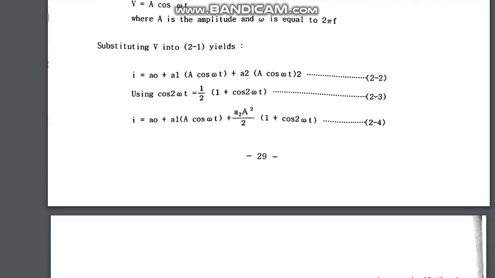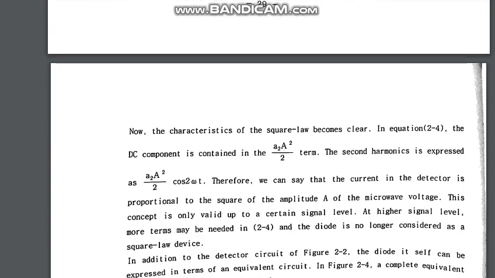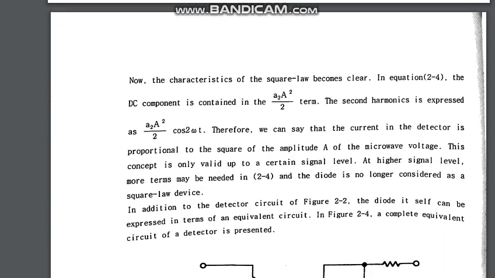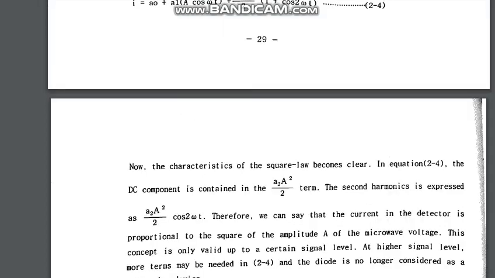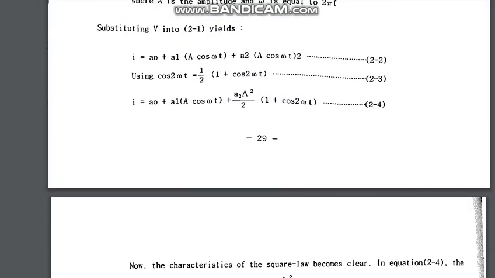After calculating, the square law becomes clear. You can see that in this part a square law has been obtained, after calculating it with the given AC signal.